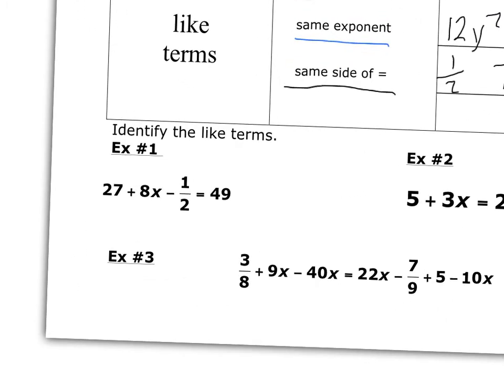Let's look at a couple of examples of how we can add like terms together, or circle things that we know we can add together. On this example 1, on the left side, we see that 27 and negative 1/2 are numbers on the same side of the equation, so we can add those together.